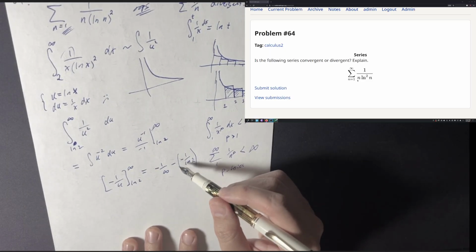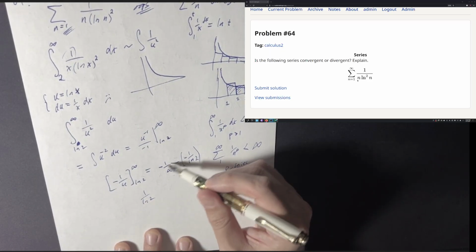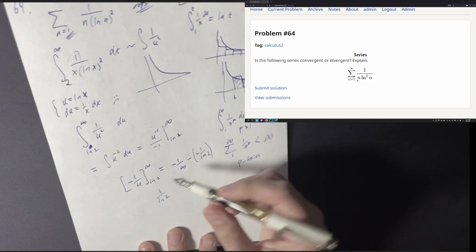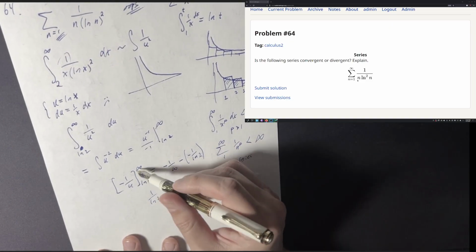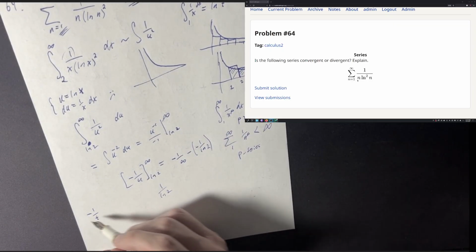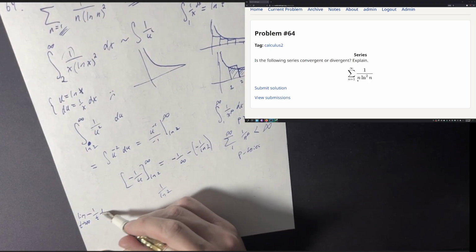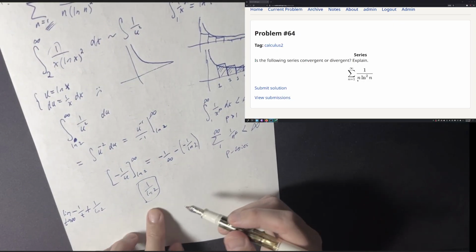Of course, the negative of this negative adds, you get 1 over log 2. And I know that's kind of nasty, but in the limit, you would get 0. A more appropriate way to write this, if you're being a stickler, is of course to say negative 1 over t, the limit as t goes to infinity, plus 1 over log 2. Anyway, the point is, this is our answer.